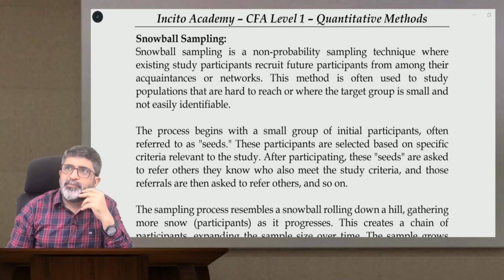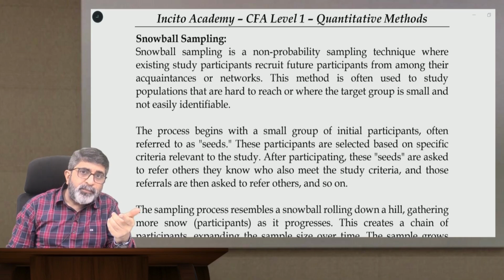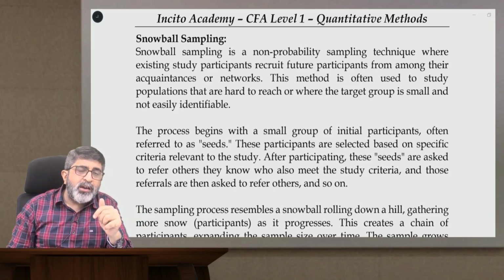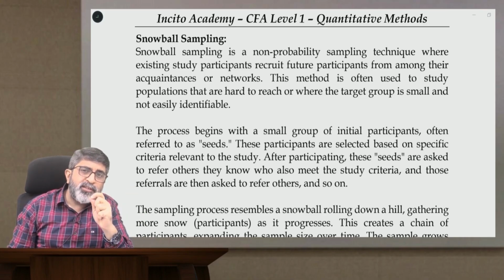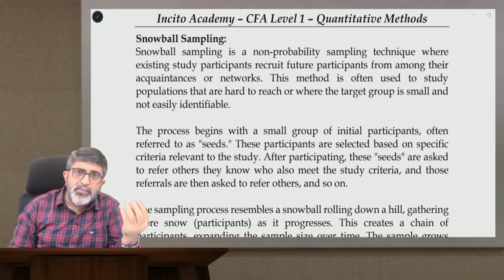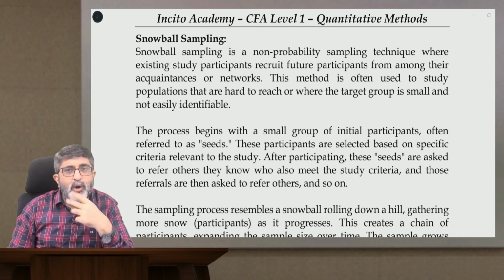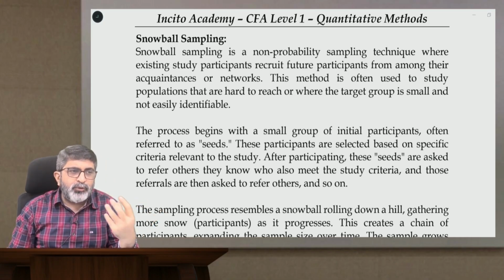For example, I would want to know from India how many students are pursuing the Cambridge University Master of Finance course. Now, this is going to be a very rare number, correct, within this big country. How will I come to know? So, what happens?